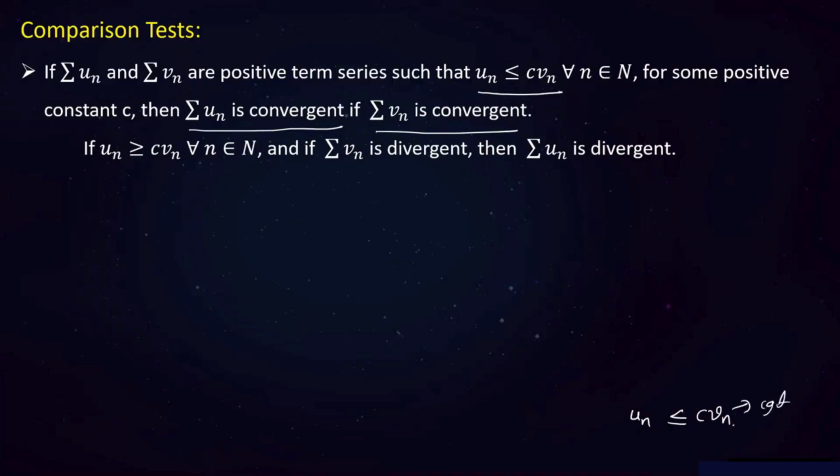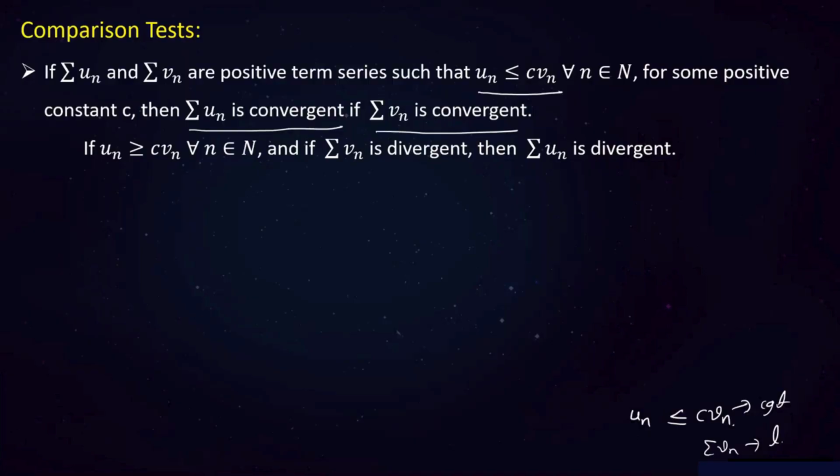Look at this. Un is a smaller series, and vn is a larger series. When a larger series itself is convergent, what do you mean by convergent? This summation vn approaches a finite value. When a larger series approaches a finite value, it's obvious that even a smaller series will also approach a finite value.